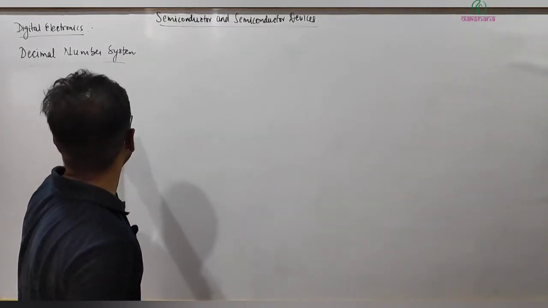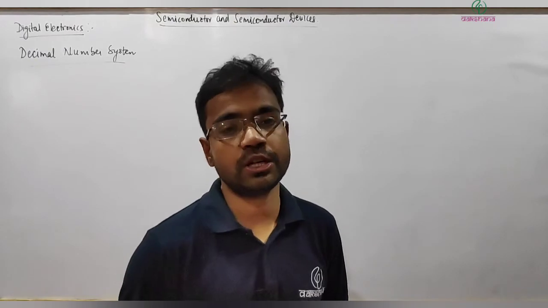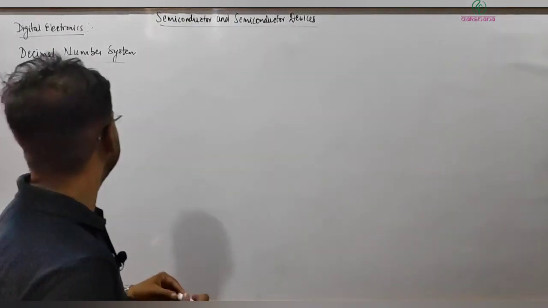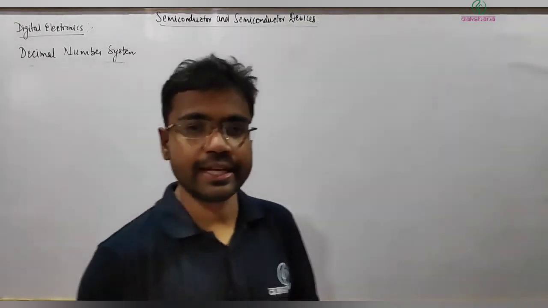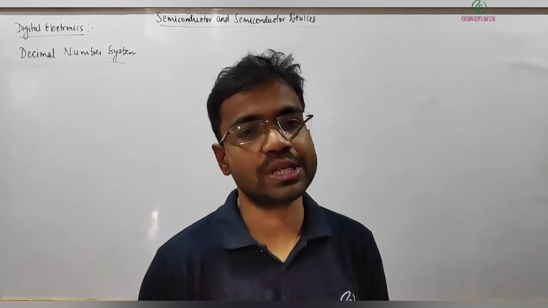So let me first talk about some number systems. There are basically two: the decimal number system and the binary number system. What is the decimal number system? It is the number system that we normally study in mathematics or use in general life.